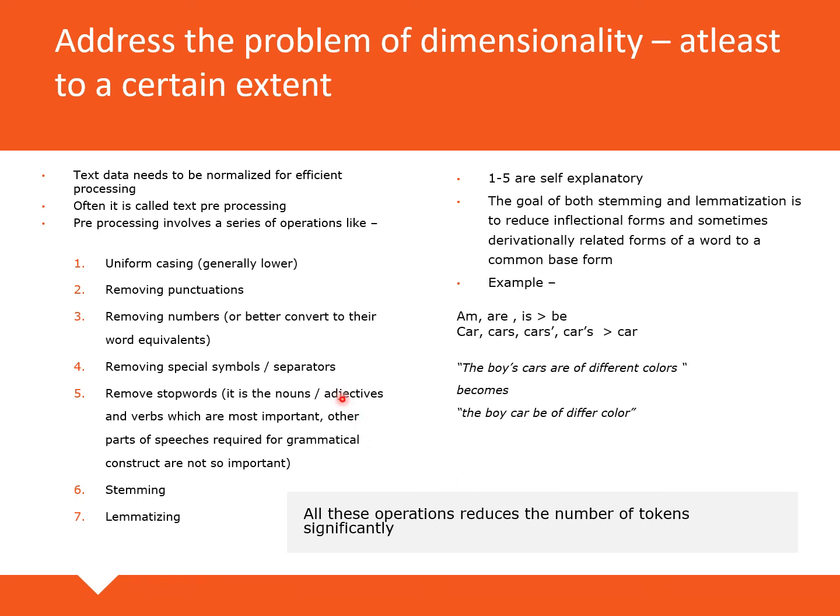Okay, now this is important. So, as I was saying, one of the troubles that we run into when we construct a document term matrix or a document feature matrix is the fact that it has huge dimension, primarily driven by the huge number of columns, because typically we will have a lot of unique tokens or unique words in a given collection of text data.